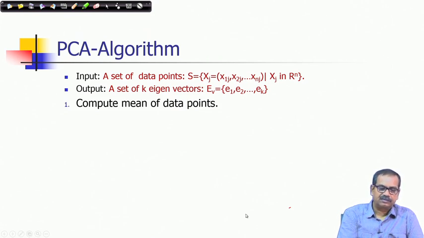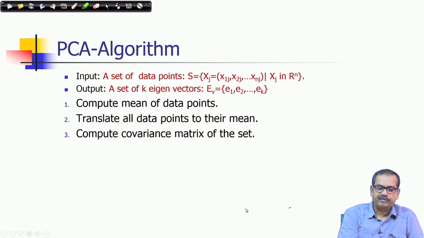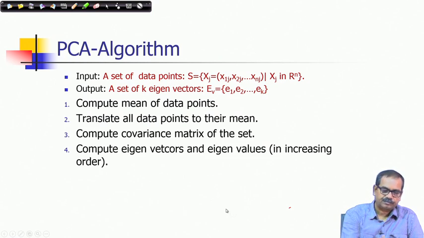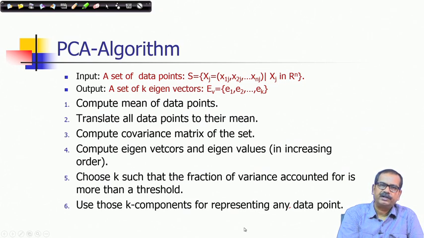So, the algorithm goes like this: you compute the mean of the data points, then translate all data points by their mean, compute the covariance matrix of the set, then compute eigenvectors and eigenvalues in decreasing order, then choose k such that the fraction of variance accounted for is more than a threshold. That threshold is also a parameter to this algorithm. Usually, the typical value could be say 0.95, 0.98, that means 95% of the variance you are taking care of by this representation, and use those k components for representing any data point.